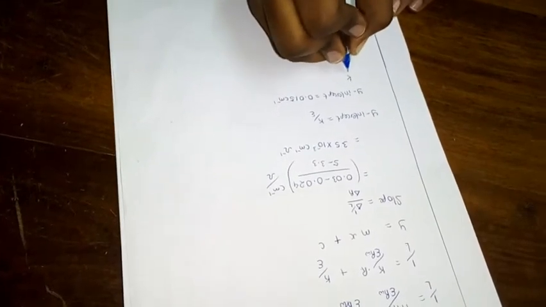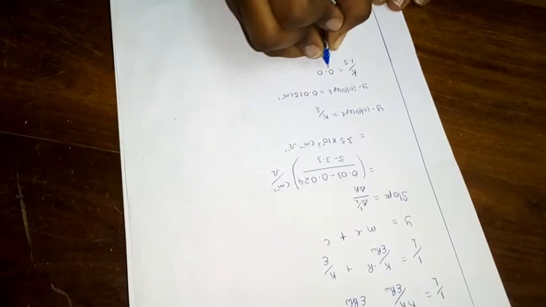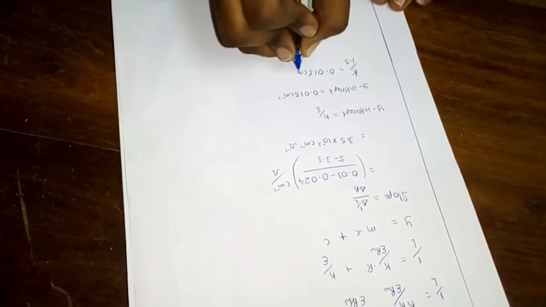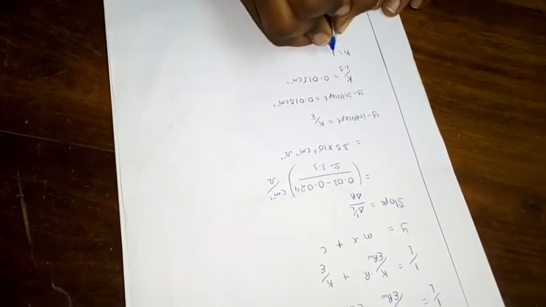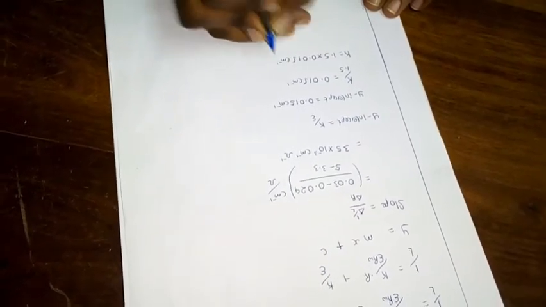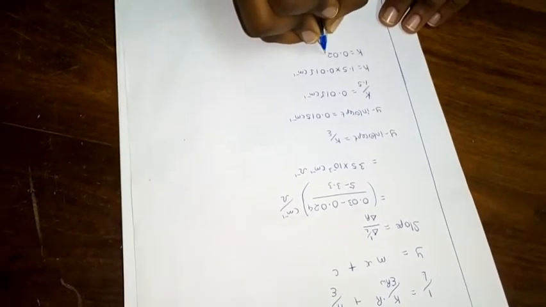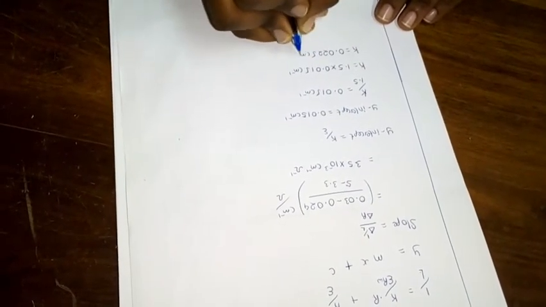Therefore, K over 1.5 equals 0.015. K will be equal to 1.5 times 0.015 centimeter inverse. K equals 0.0225 centimeter to the negative 1.